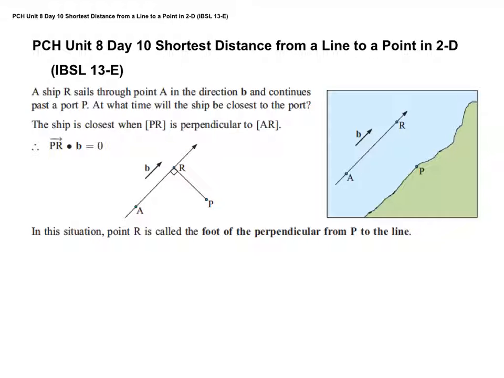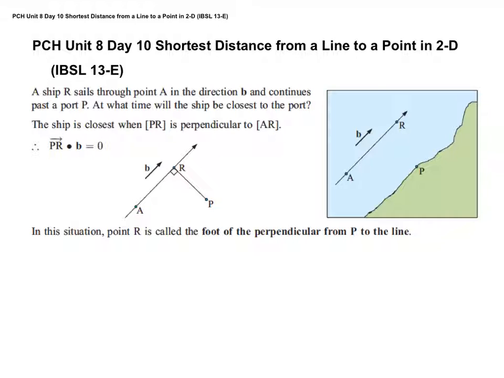We want to figure out when the ship would be closest to the point. Now, this problem doesn't have numbers with it, so we can't actually figure it out exactly, but we can at least understand the concept. And the key concept here is that in order to be closest, our path to that point is going to be perpendicular to the path that the object is traveling on.